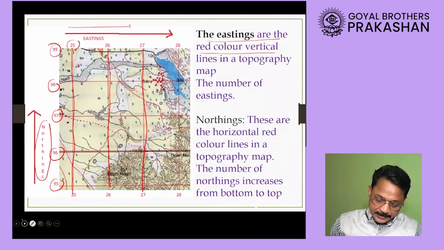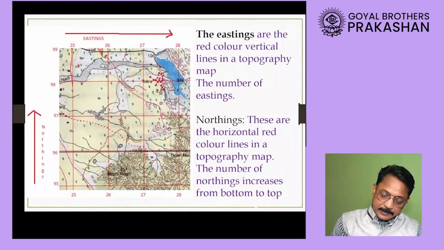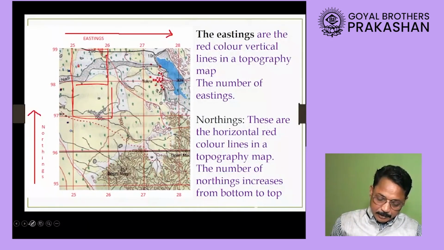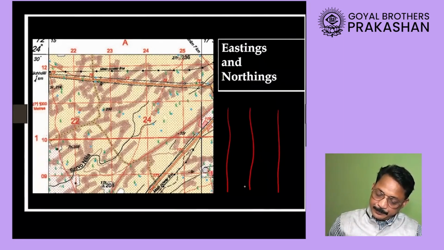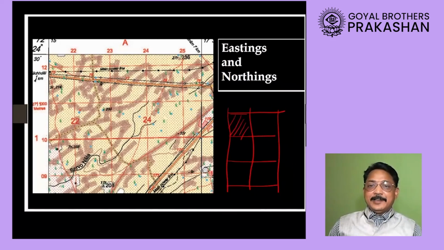Now, these eastings and northings form a square when these lines intersect each other. Now suppose these are the eastings, suppose these are the northings. So they intersect each other and they form a square here.